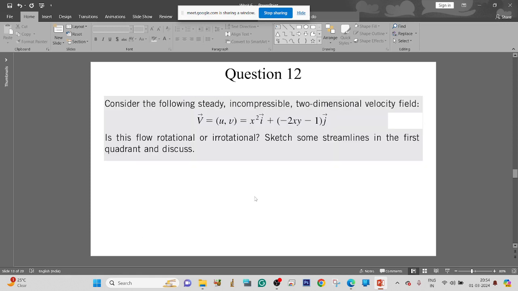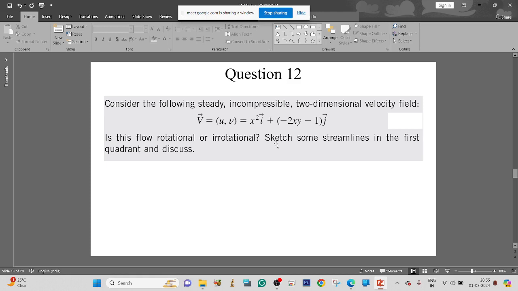I'll check this once. So consider the following steady state incompressible two-dimensional velocity field that is already given. Check whether the flow is irrotational or rotational. The second part is not required. Streamlines you don't need to sketch. Just the first part, whether the flow is rotational or irrotational.